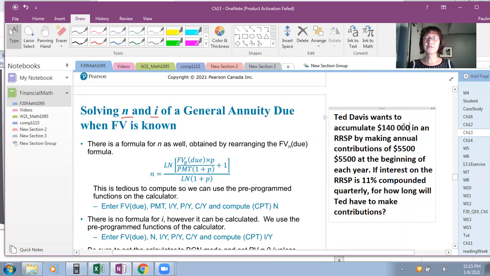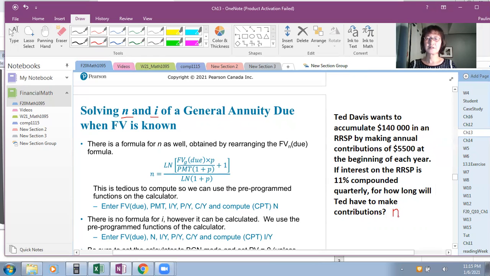Accumulate 140,000 in an RRSP by making annual contributions of 5,500. At the beginning of each year, if interest is 11%, compounded quarterly, for how long will Ted have to make contributions? For how long Ted will make contributions means what is the term N?